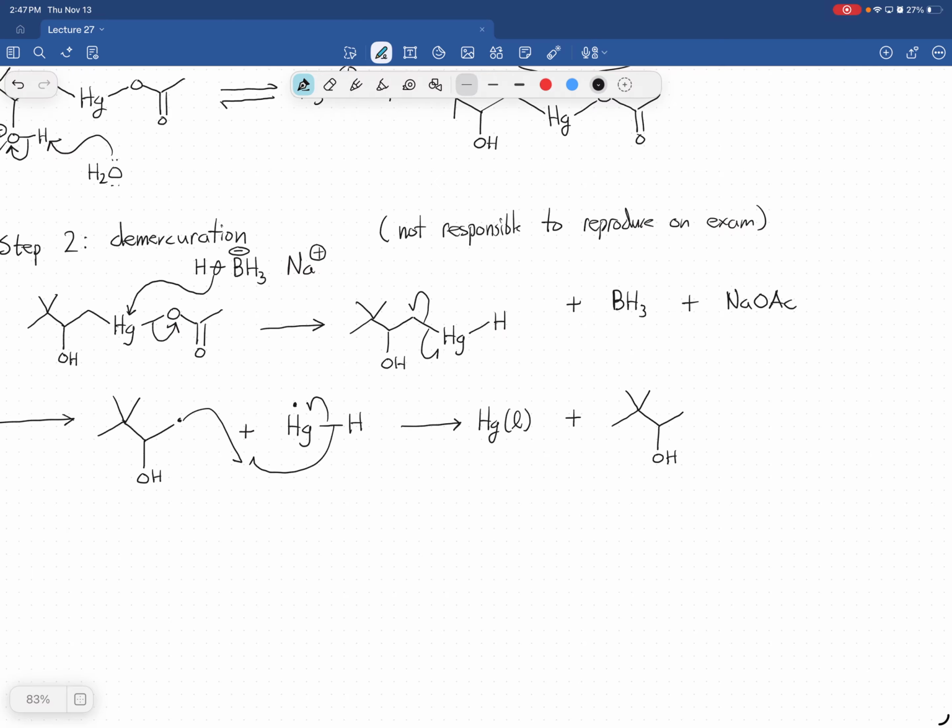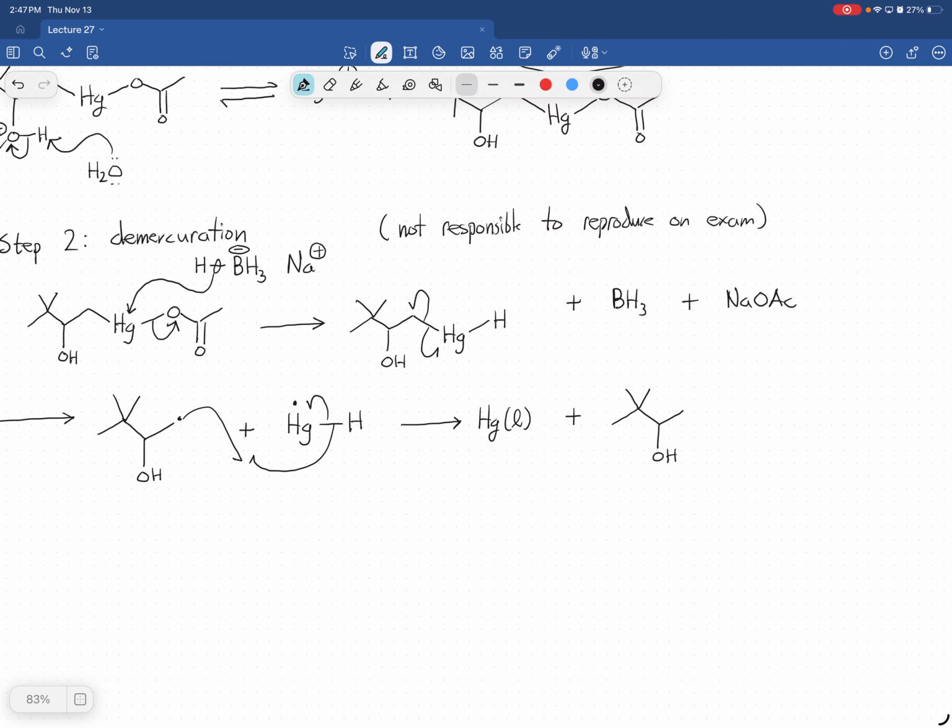So this guy should still be considered racemic. Okay, that's why I drew this. Any questions about oxymercuration-demercuration? So that's a way to avoid rearrangements, and it follows Markovnikov addition.